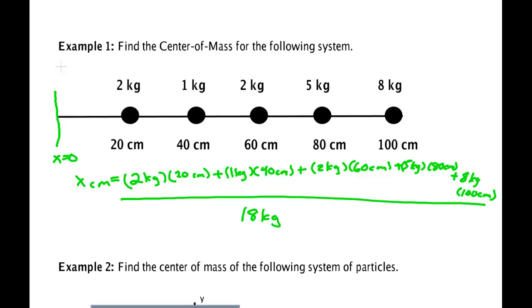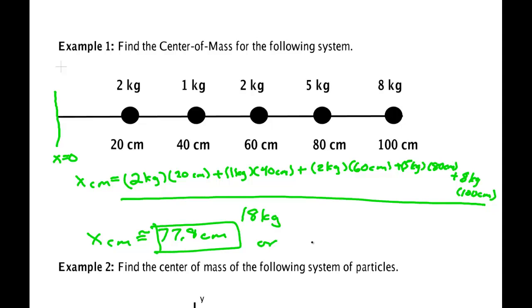So 2 times 20, that's 40, plus 40 is 80, plus 120, plus 5 times 80, plus 8 times 100. And you get 1400, and then I divide that by 18, and I come up with the center of mass being approximately 77.8 centimeters.